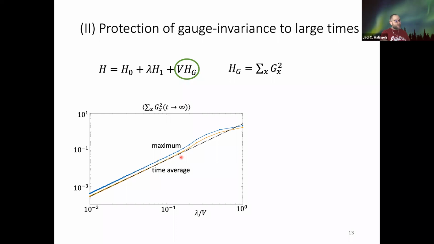One regime for sufficiently large V. Remember, I'm plotting it as a function of lambda over V. Beyond a certain lower bound of V, the maximum of your gauge violation, or your time average, or even just the long time value of your gauge violation, goes as lambda squared over V squared. And below this lower bound of V, you can no longer anticipate your gauge violation from V. So here it looks quite clean, but when I show you the end results, you will see exactly what I mean.